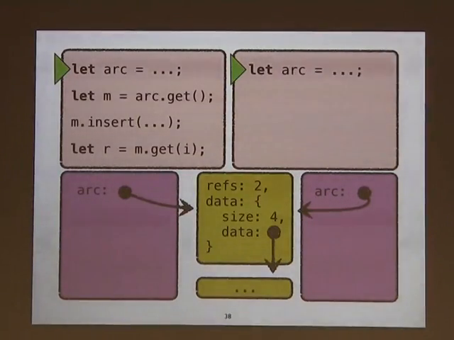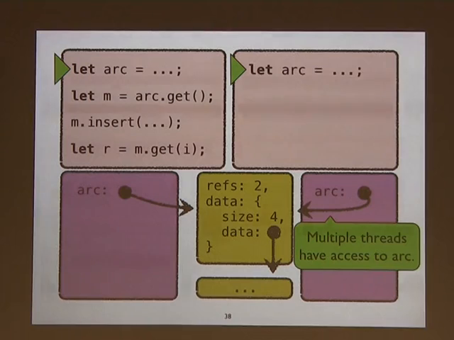So here's an example. I'll skip over the introductory part, but we can get to this state where we have two threads. They each have an arc, which is pointing to the same thing. That's the yellow box in the middle. And inside that arc is a hash map along with a ref count. Now the ref count is 2 because there are 2 of them. And yeah, you see multiple threads have access.